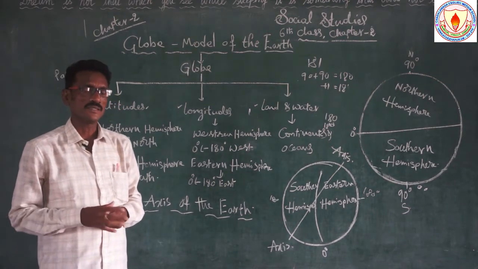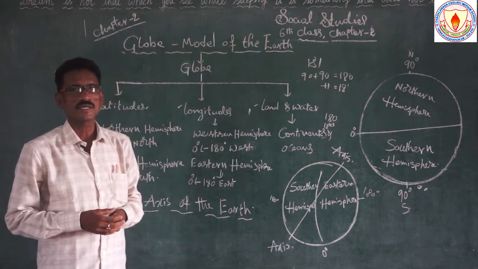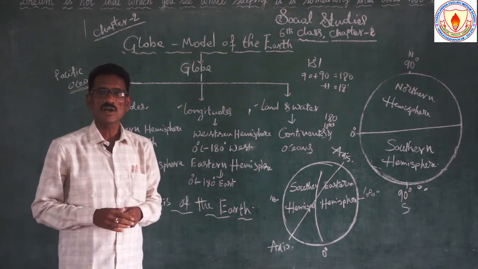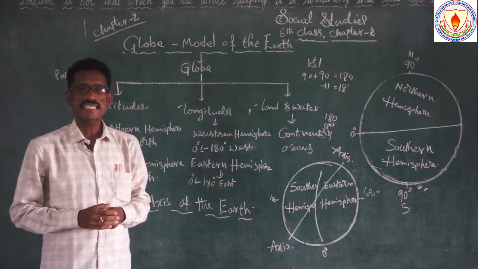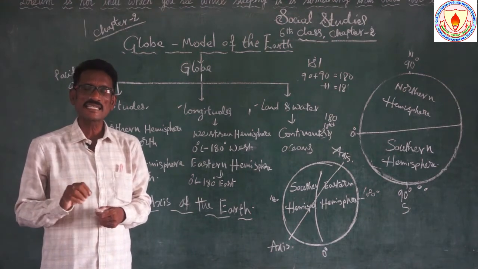What are the important latitudes here? The 23.5 degrees north latitude is called the Tropic of Cancer, and the 66.5 degrees north latitude is called the Arctic Circle.